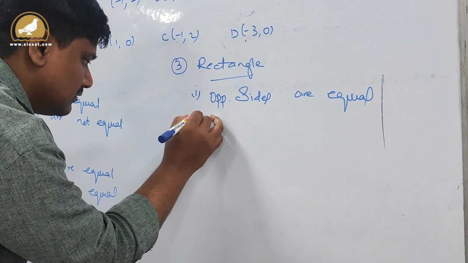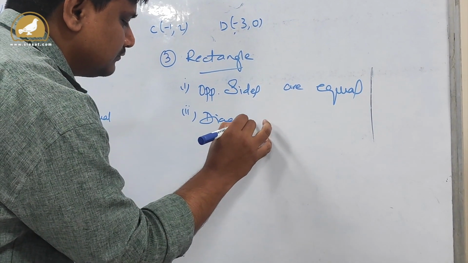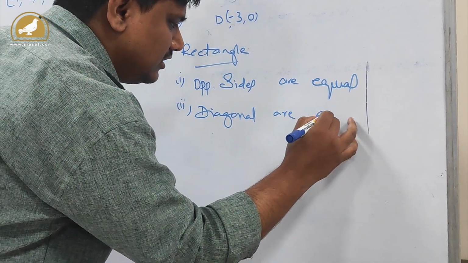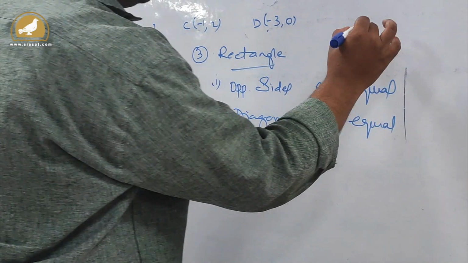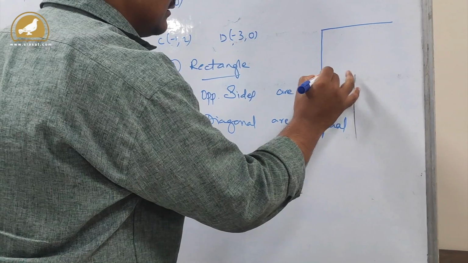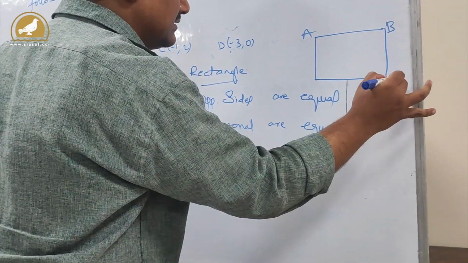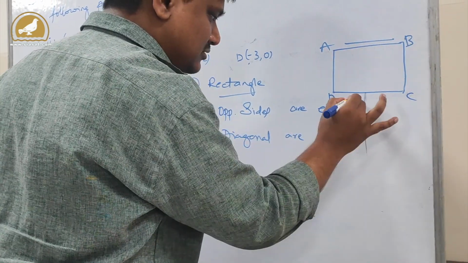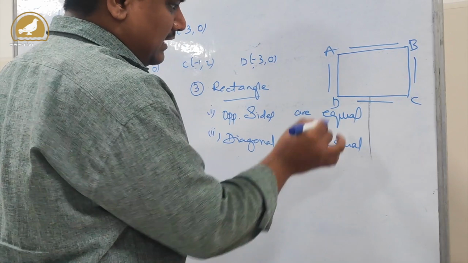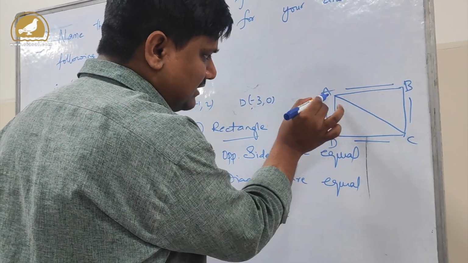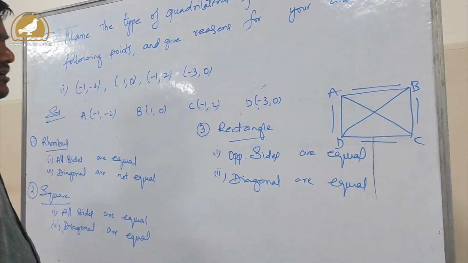Second condition, diagonals are equal. That means it will be something like this. A, B, C, D. Opposite sides: these two sides are equal and these two sides are equal. As well as the diagonals: the length of the diagonal AC and the length of the diagonal BD must be equal.